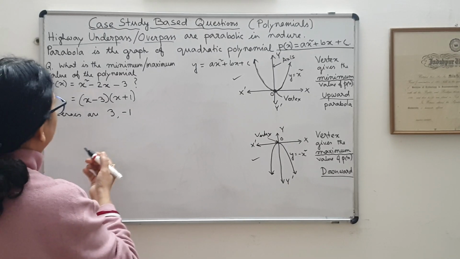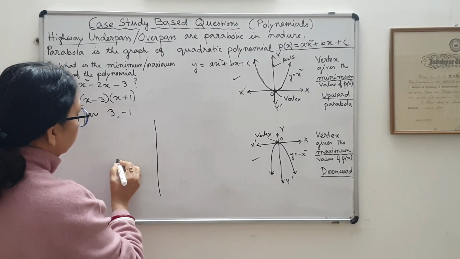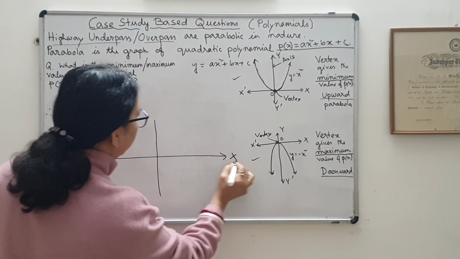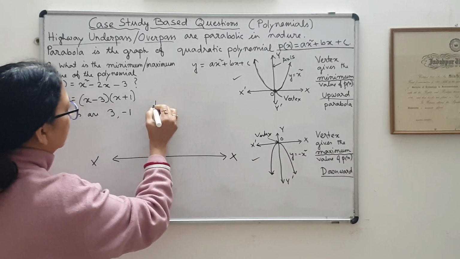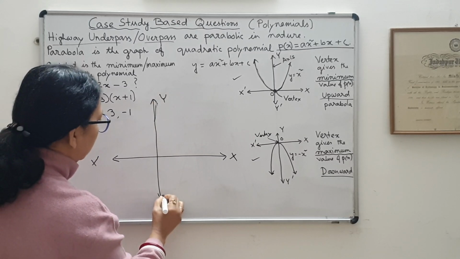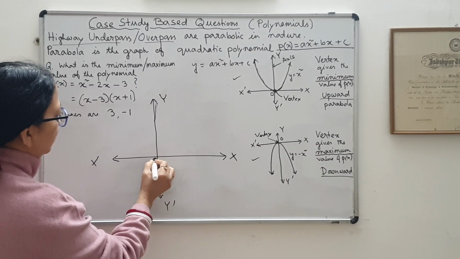So let me now plot the graph. These are the coordinate axes. 0 is the origin, 0, 0.